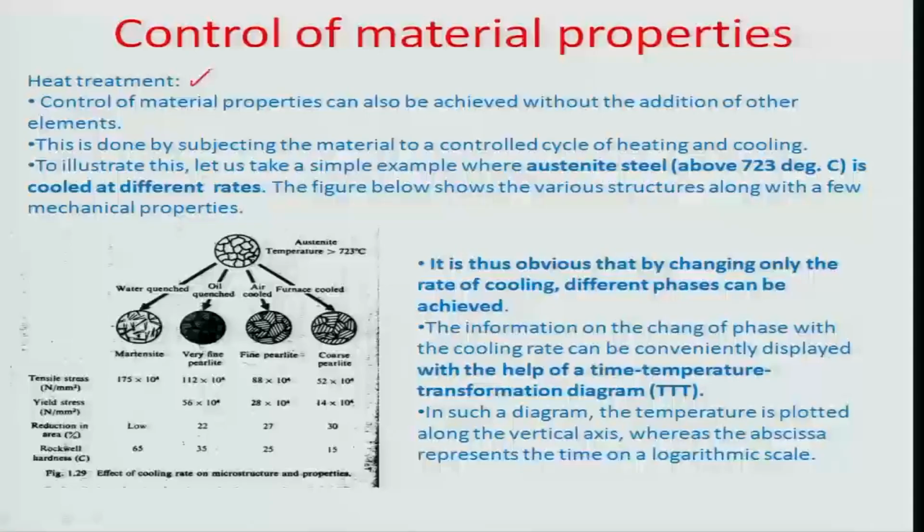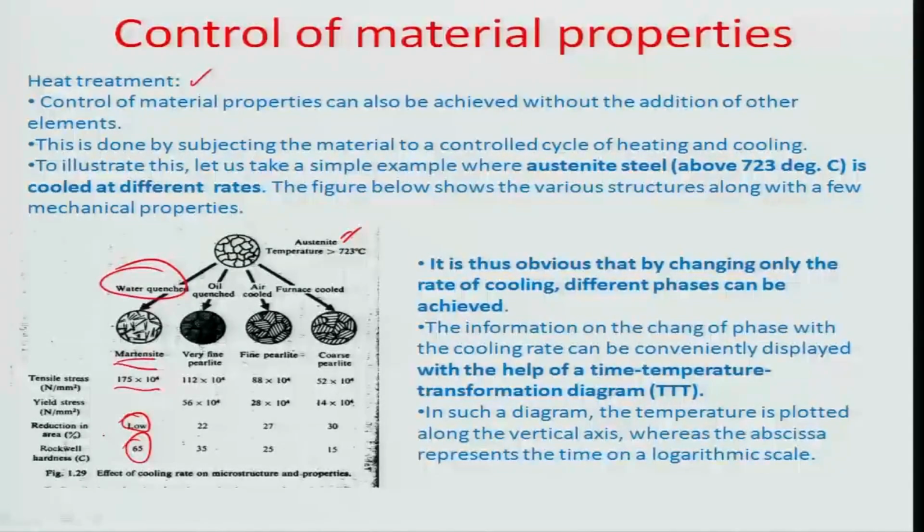For example, let us say if I had austenite and if I wanted to cool it very rapidly by water quenching it in cold water, immediately you will get martensite state, which is known for its hardness. In fact, on the Rockwell hardness scale it reads about 65, and it has a high tensile strength of about 175 x 10^4 Newton per millimeter square, and the percentage reduction in area is very low.